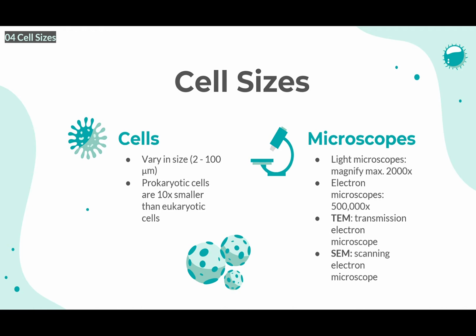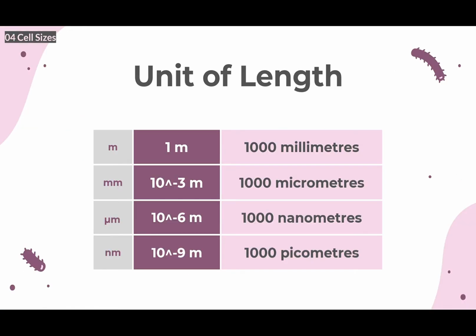We also have two types of electron microscope: the TEM, a transmission electron microscope, and the SEM, the scanning electron microscope. The differences between the microscopes and their history I'll talk about in more detail in a different video.